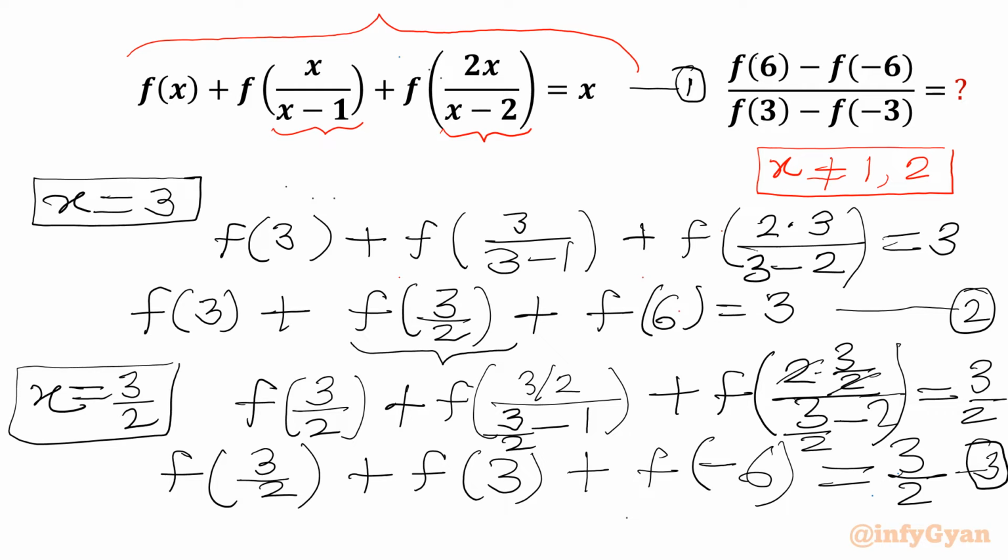Now if you notice, from equation 2 and equation 3, we have two terms common, f(3) plus f(3/2), here also and here also. So to find f(6) minus f(−6), which is the numerator of the required expression, we need to subtract the third equation from the second one. Equation 2 minus equation 3 will give us our required numerator.